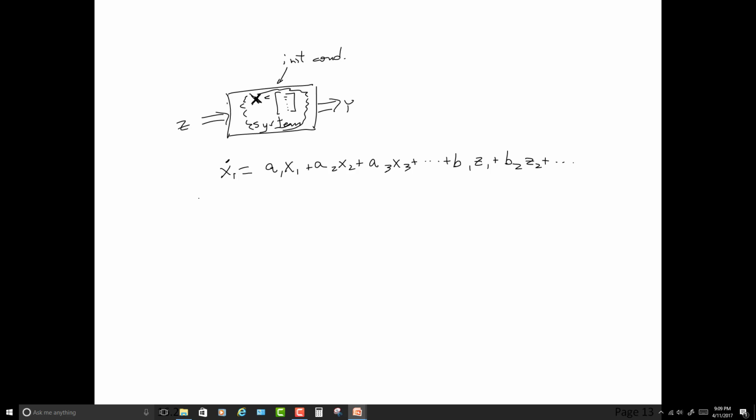And each of these in the set, down to xn, can be written as what?